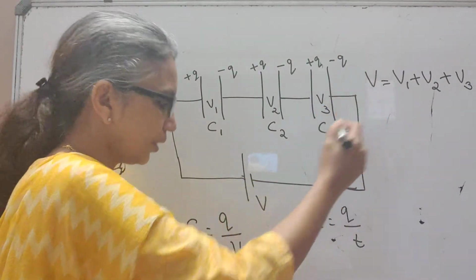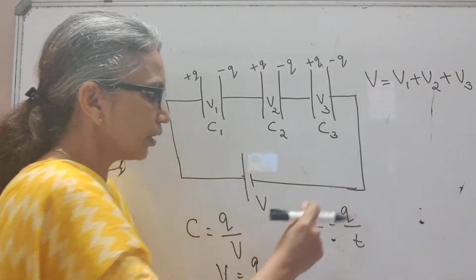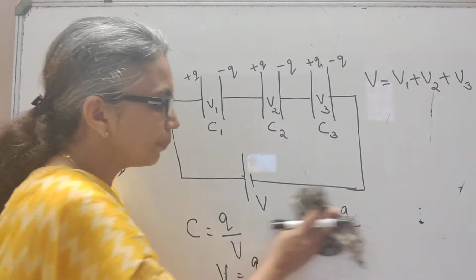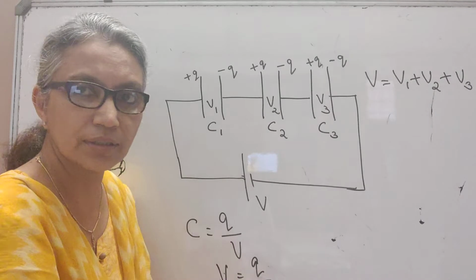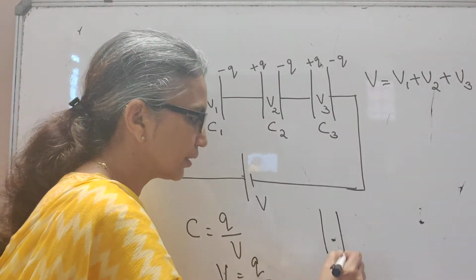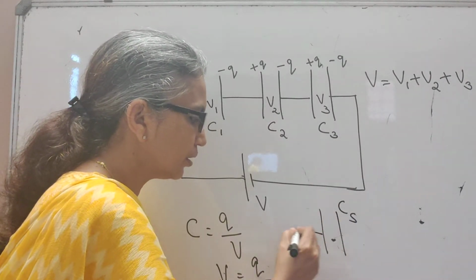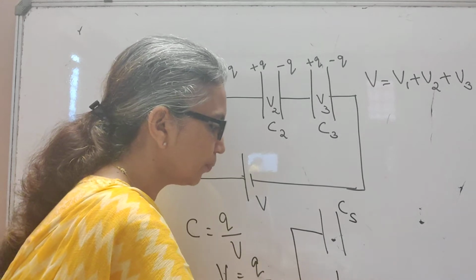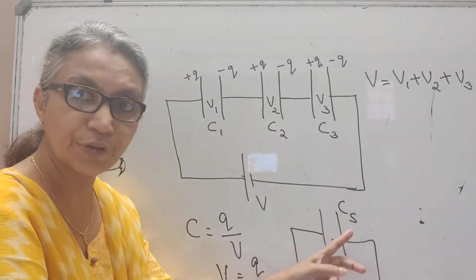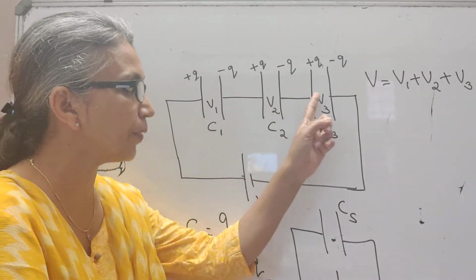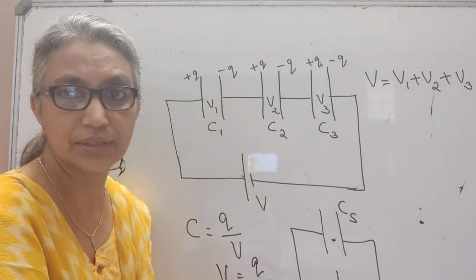Now you may replace these three capacitors with a single capacitance CS, meaning this CS is connected to the same potential difference V. This CS is the effective capacitance of three capacitors C1, C2 and C3 in series.